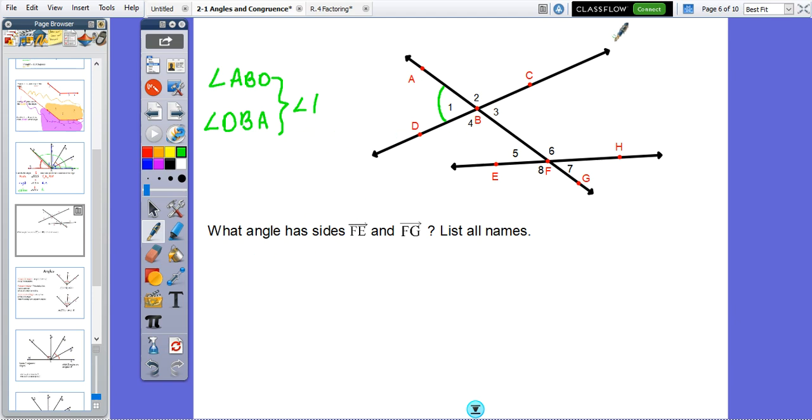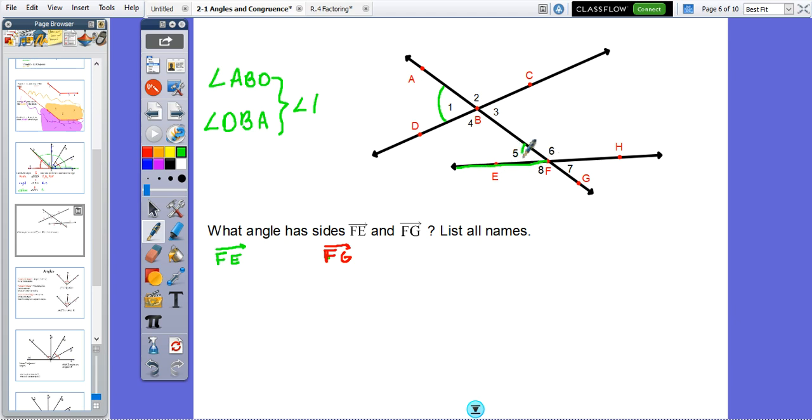So when knowing that, the question is, what is the angle that shares both FE and FG? There's two angles that share only FE, and two angles that share FG, but there's only one that shares both of them. So we'll first look at the individual ones. FE, this ray right here, touches two angles.